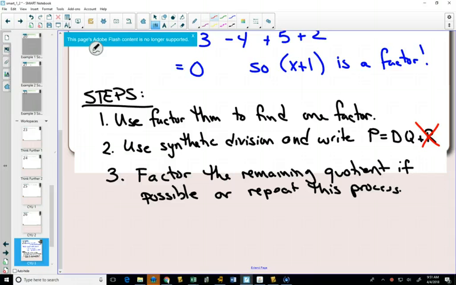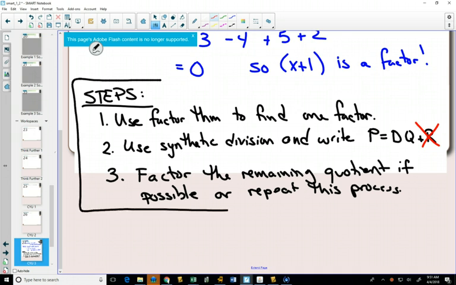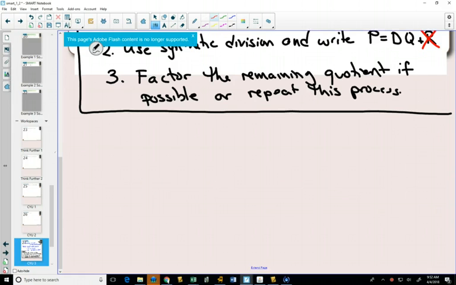If it ends up being a quadratic equation, you'll be able to factor it, or possibly factor it. If it ends up being another x cubed, you're going to have to repeat steps 1 and 2 again. So here's our steps. We've used the factor theorem. We've found one factor. We know that x plus 1 is one of our factors. Now we can use synthetic division.